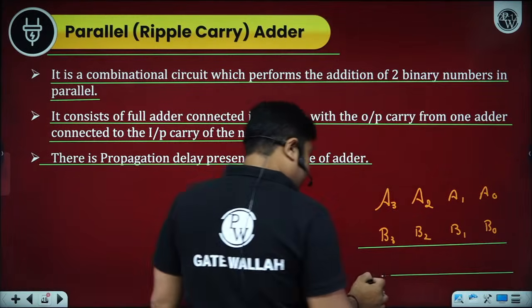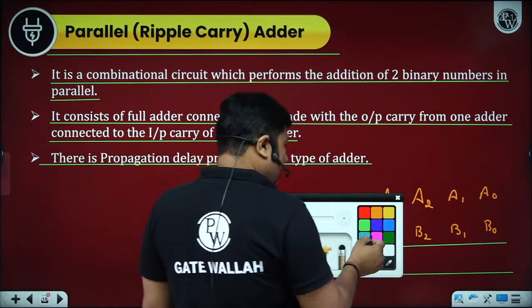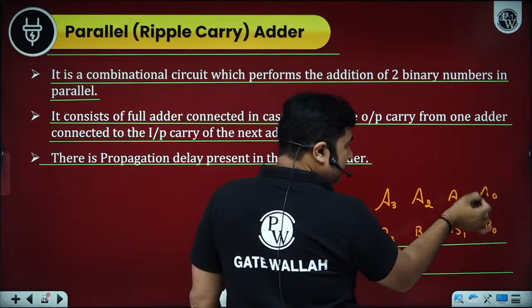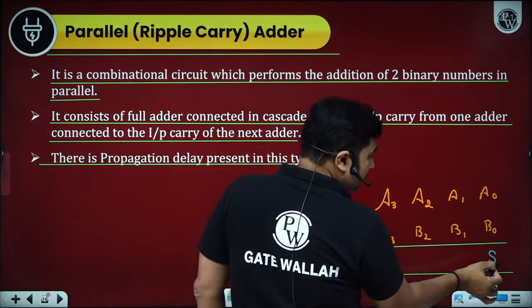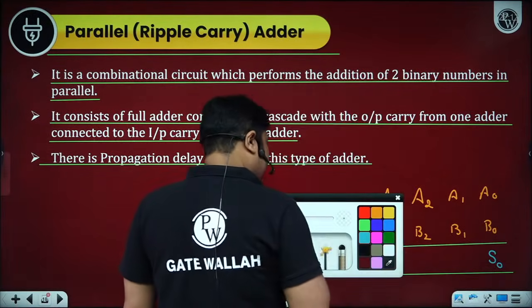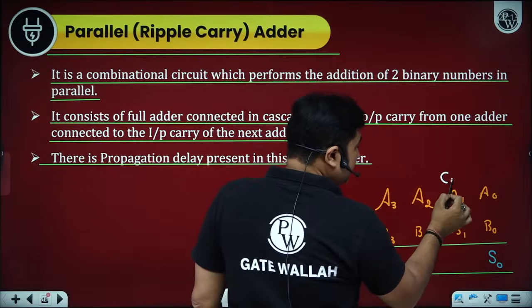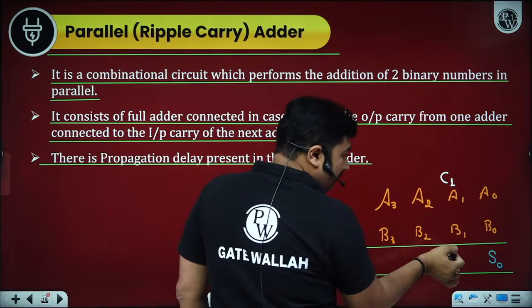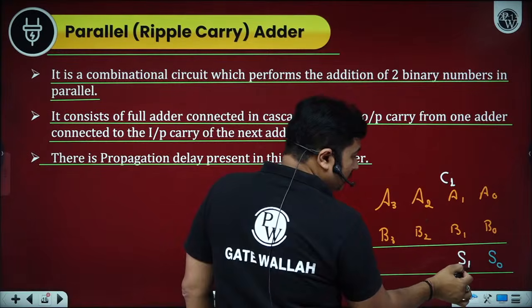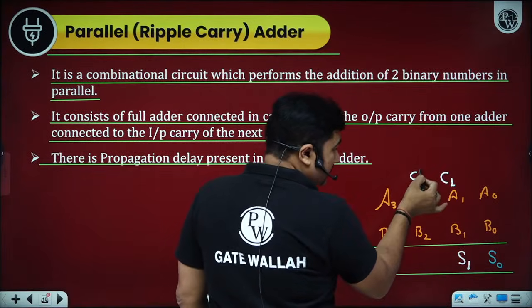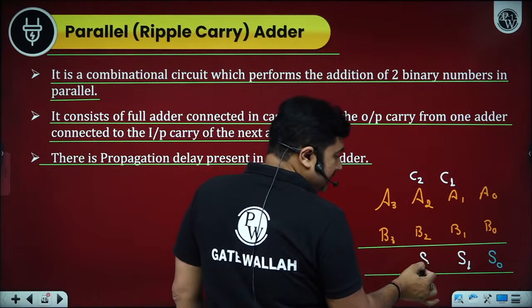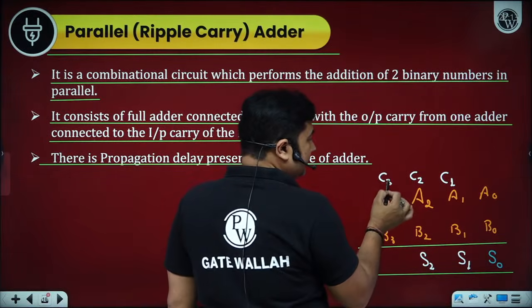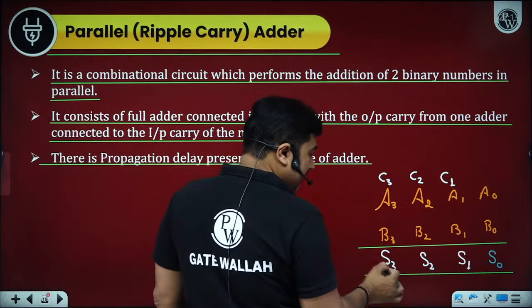To perform the addition, first we add A0 and B0. This gives S0 and there will be C1. Then we add the next bits, which gives S1 and we get C2. Then we get S2 and C3. Then we get S3 and C4.